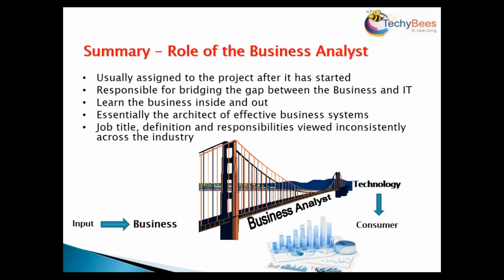To summarize, the BA's role is between the stakeholder and the technology. The BA gathers the information from the stakeholder, analyzes the business, gets the business details, describes, defines, and analyzes the business, and gives it in a proper design, diagram, or document format to the development team or the technology team to create the product.